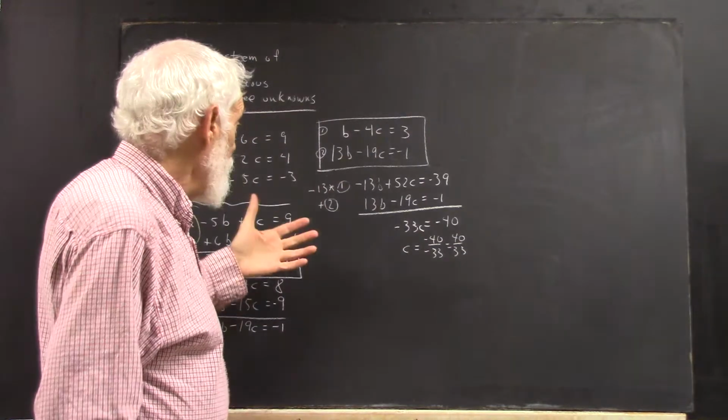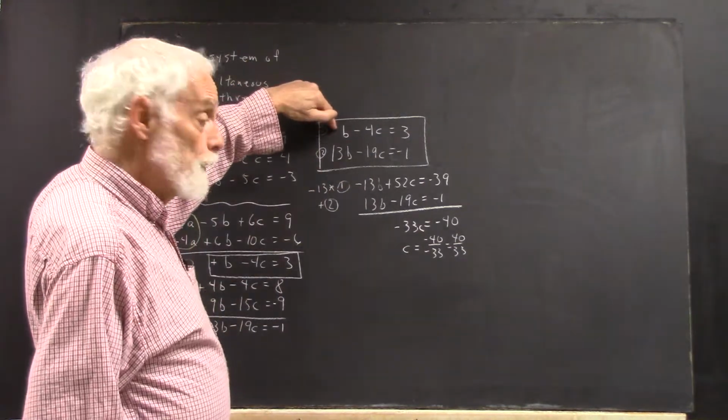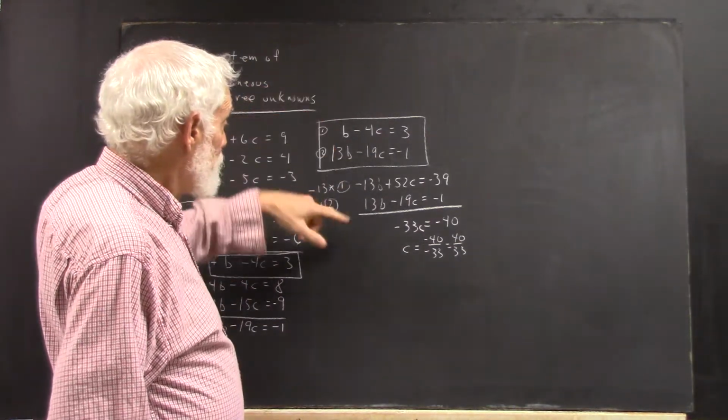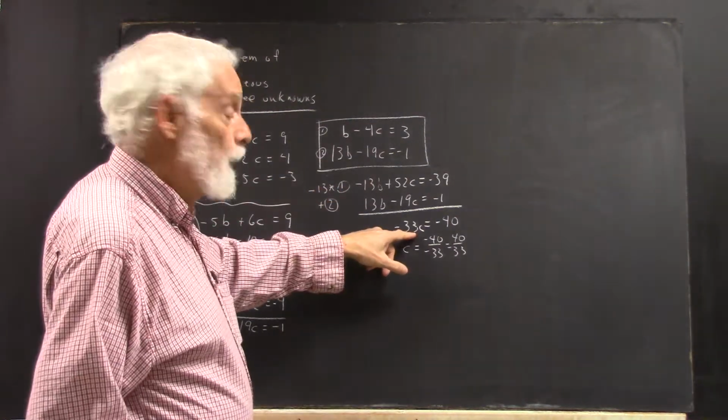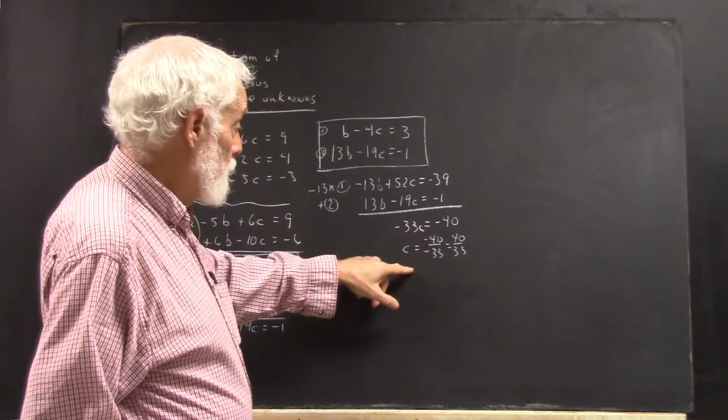Then adding -13 times the first equation to the second, we match up the coefficients of b, they go away, we end up with just an equation in c, and we easily solve that.